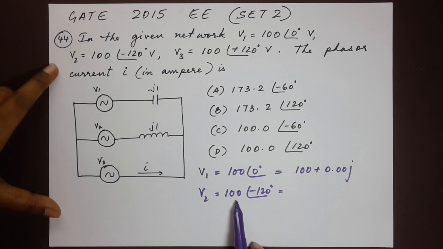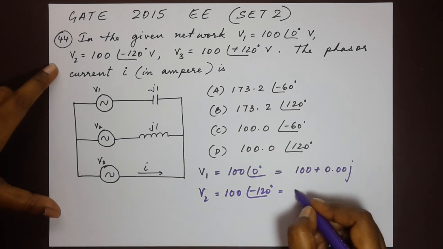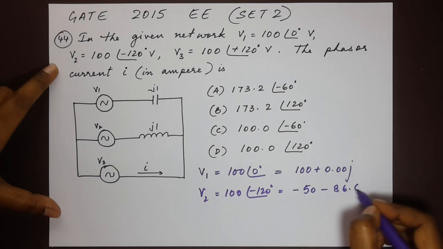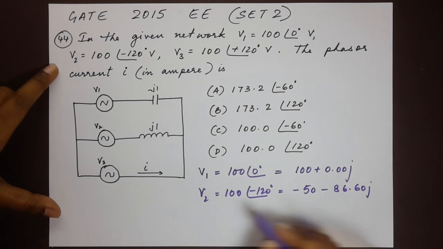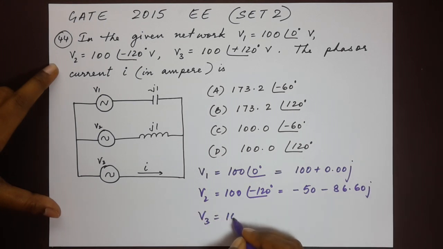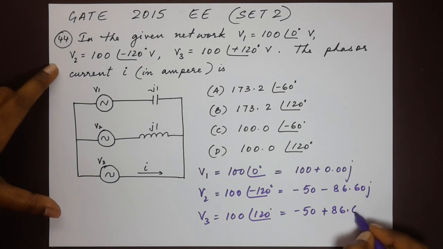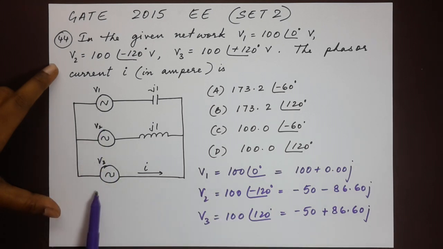So V2, 100 angle minus 120, converting it into rectangular form we get minus 50 minus 86.60 J. And then V3, 100 angle 120, is minus 50 plus 86.60 J. So these are the values of our voltage sources here in rectangular form.